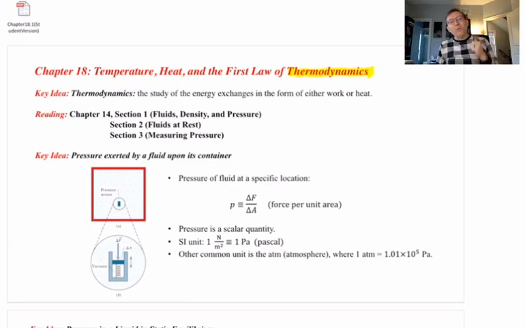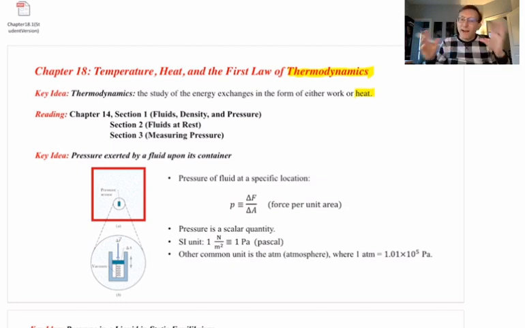But now we're also, in these next two chapters, going to introduce another process for exchanging energy between a system and its environment. That process is going to be called, as we will learn, heat. And broadly speaking, heat is the energy exchange between a system and its environment because of a temperature difference between the system and the environment.